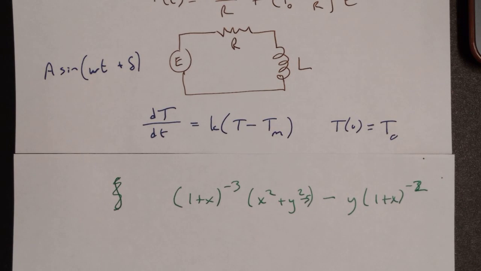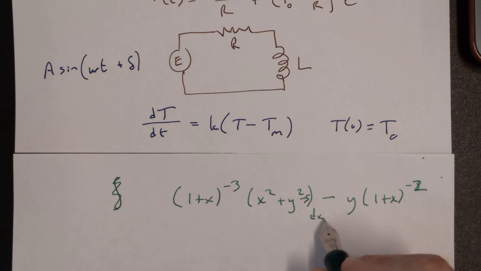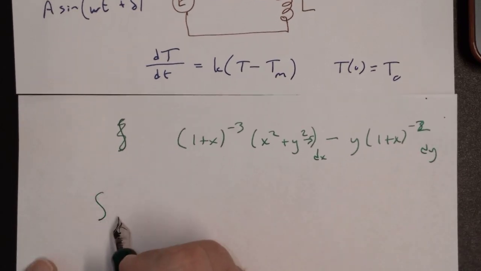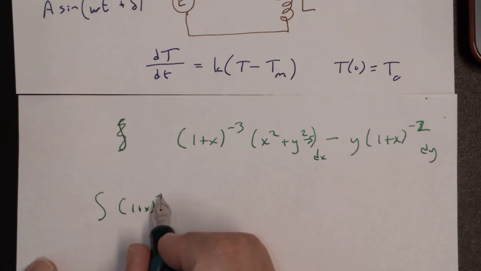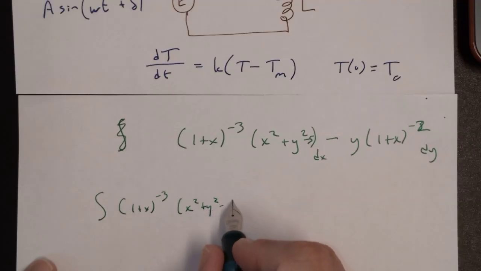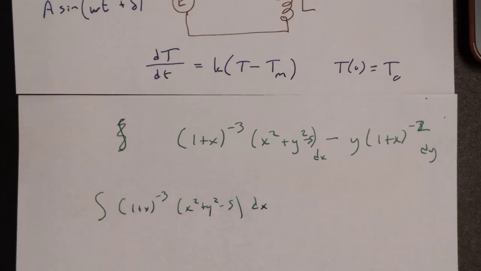Oh, the x on the left one. Right. So we're going to integrate 1 plus x to the -3, x squared plus y squared minus 5 with respect to x. Yes? That's gross. But it's less gross than you think it is. I'm going to break this up into 3 separate pieces.